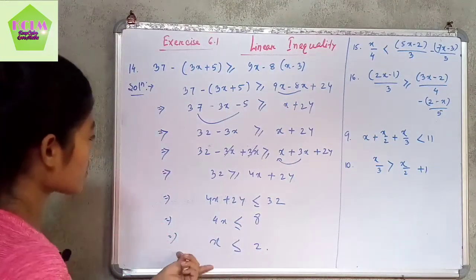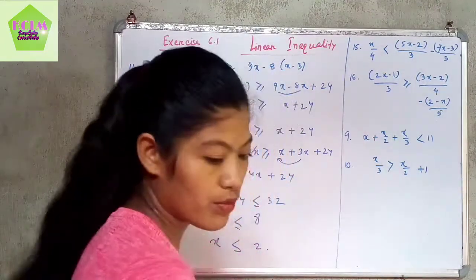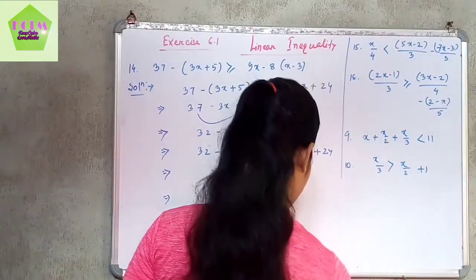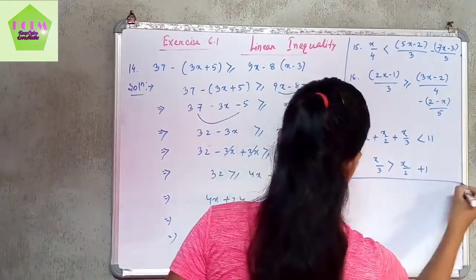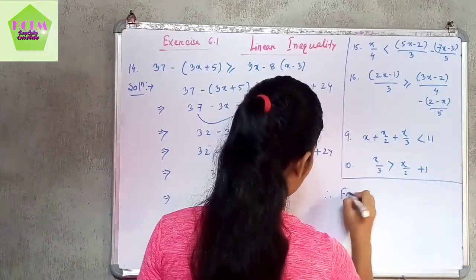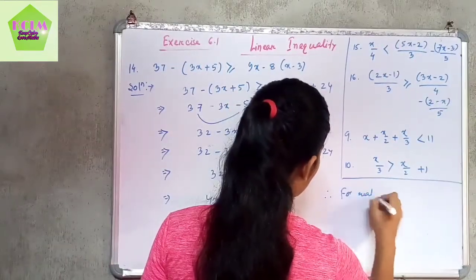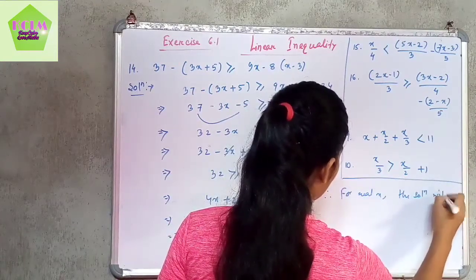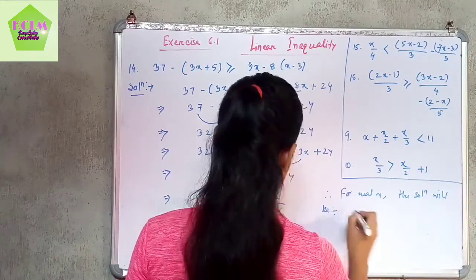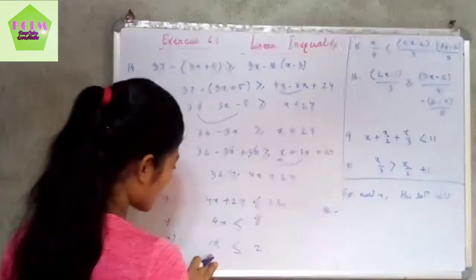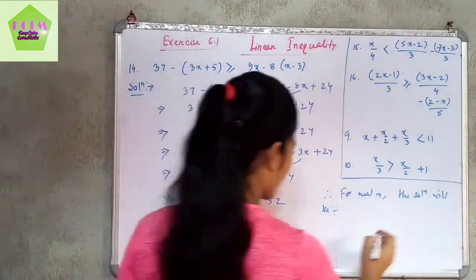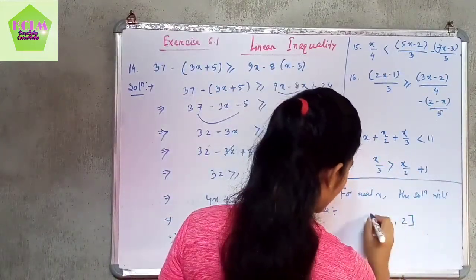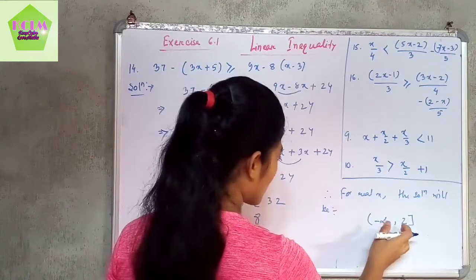So this is the solution, but we have to find the value of x for real x. Therefore, for real x, since the value is less than or equal to 2, the interval is minus infinity to 2, closed at 2, since the values are less than these.